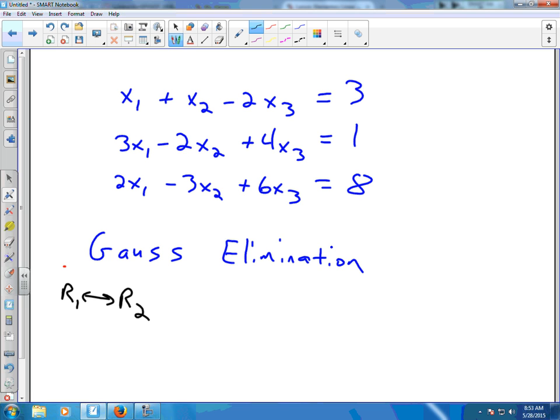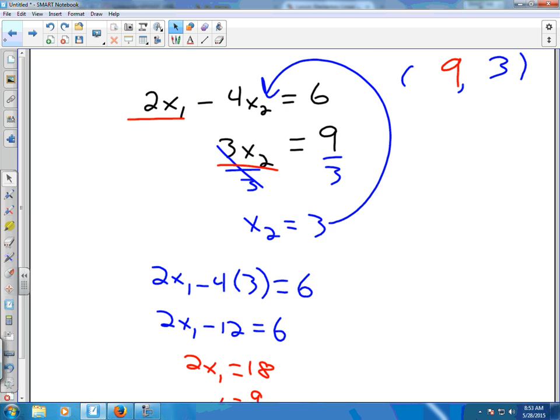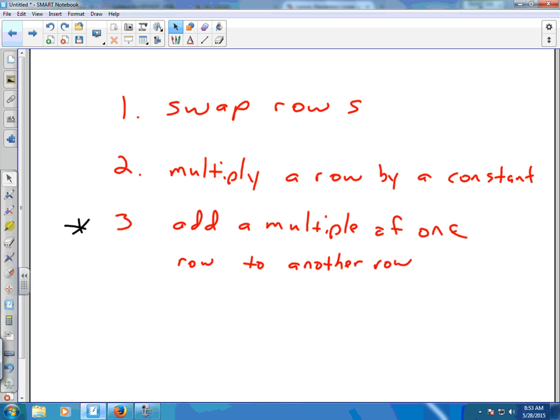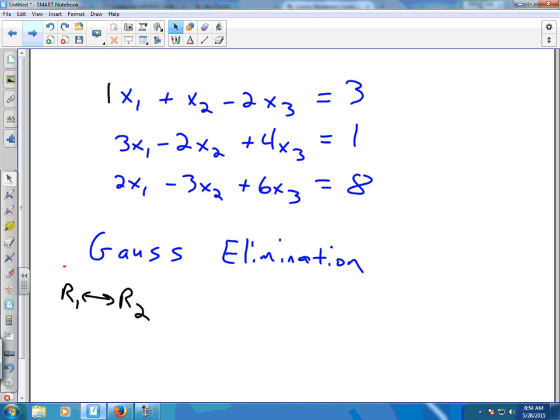Now after we have that first pivot with a 1 in it at the top, we're going to do our third allowable step of adding a multiple of one row to another. We're going to use that to get zeros in both of these positions.